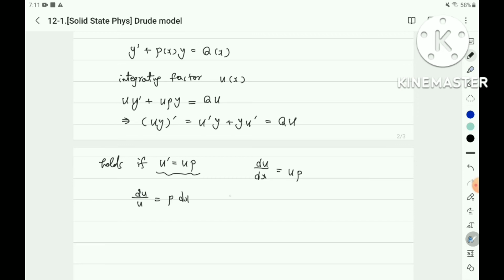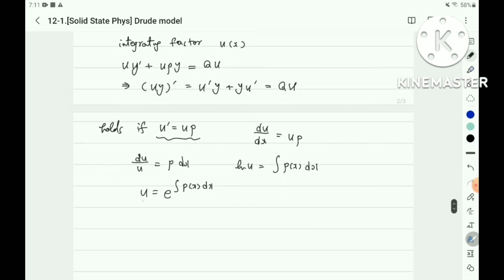Then integrating both sides, ln u equals the integral of p(x) dx. Then the integrating factor u is the exponential of the integral of p(x) dx. Anyway, there is a constant c, but we only consider the integral. We can choose the constant to be 0, and it is still an integrating factor.